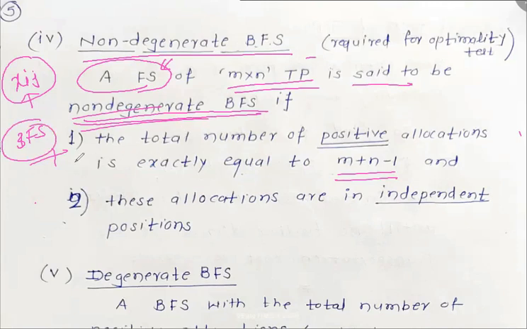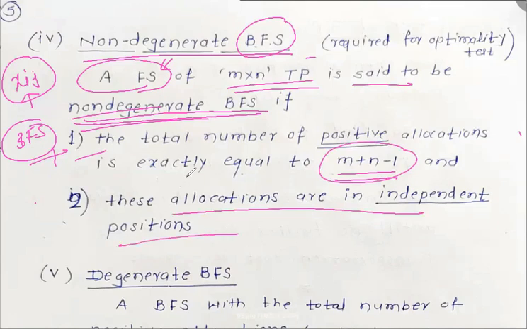So this means that first of all it is a basic feasible solution, that is, the total number of positive allocations is exactly equal to M plus N minus 1. And these allocations are at independent positions. When these M plus N minus 1 positive allocations are at independent positions, then we say that this solution is a non-degenerate basic feasible solution.